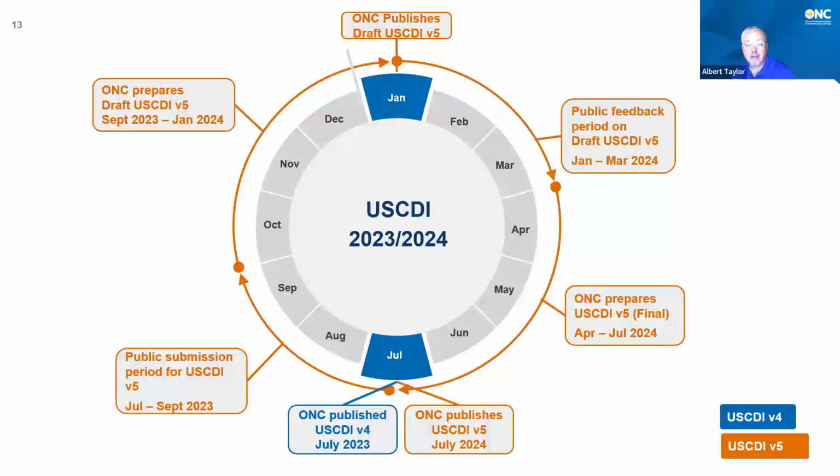It could be more data elements, it could be different data elements, it could be fewer data elements, but this will all be based on the input that we got during the January to April timeframe. And then again, we hope to publish USCDI version 5 in and around July of next year. Next slide.